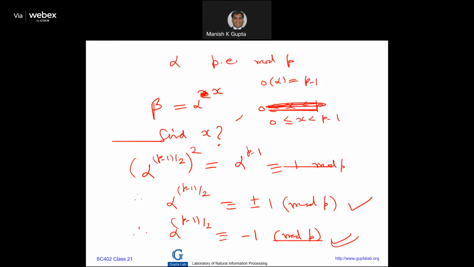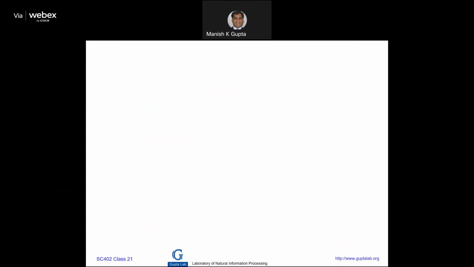Okay, so now we look at beta equal to alpha raised to power x mod p. Just compute beta raised to power (p minus 1)/2 and see what happens.